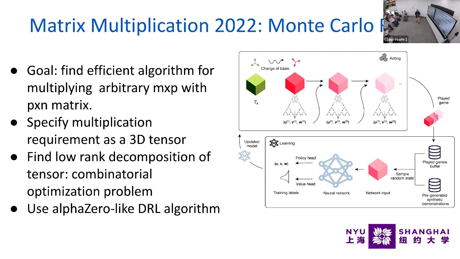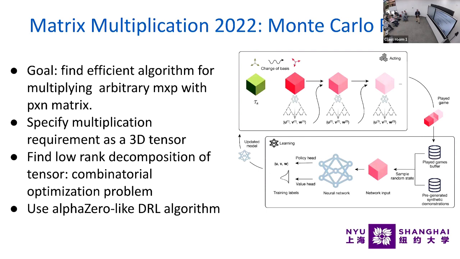Once you can do that, you have found an algorithm. If you can find the decomposition with the minimum number of terms in the sum, then you have found the optimal algorithm in terms of the number of multiplications required.